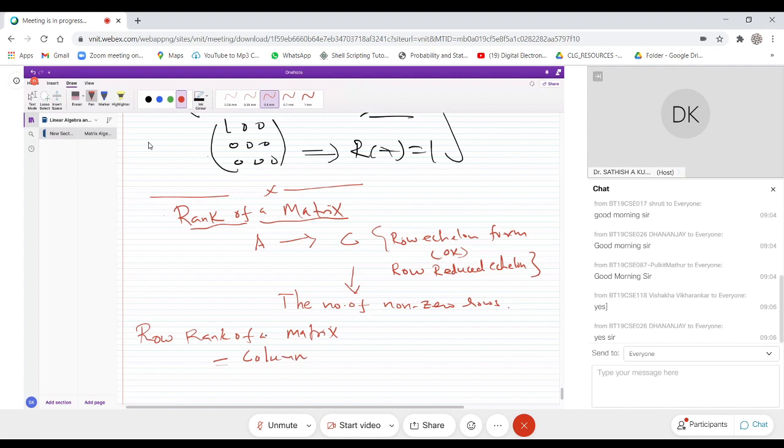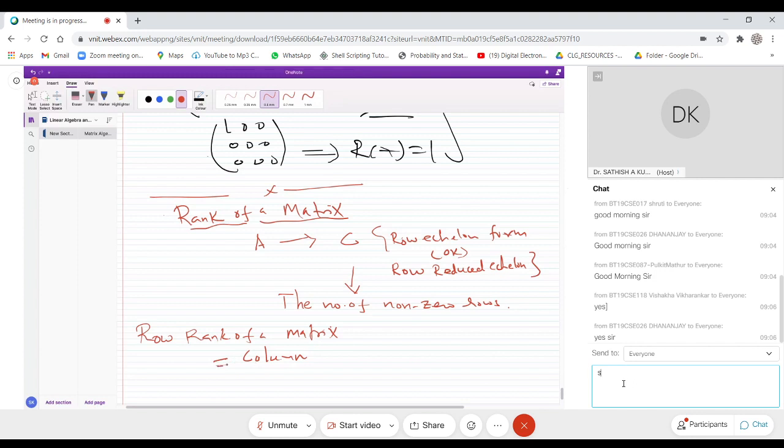One thing is that if you want to find the row rank of a matrix, I mean the rank of a matrix, then you use elementary row operations. But if you want to find the column rank of a matrix, then you use elementary column operations. Whatever approach you use, you do it for the column. Okay, then it will give the same number, which is nothing but the rank of a matrix.